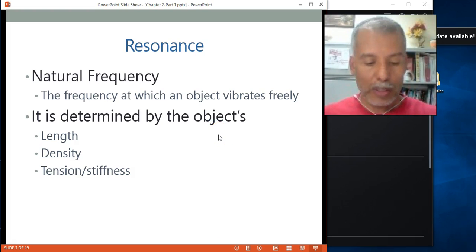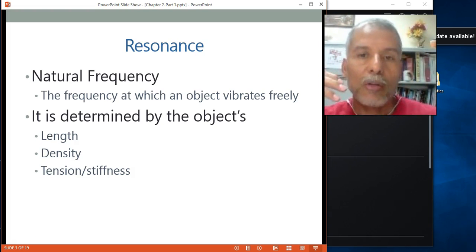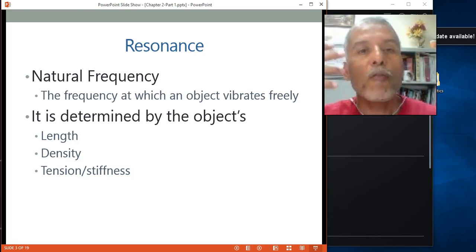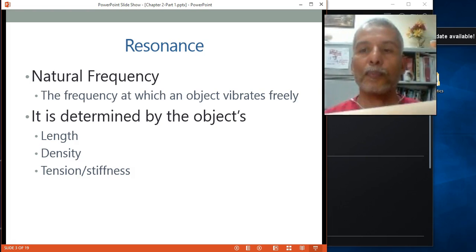So first, let's go over some concepts. Natural frequency. Everything has a natural frequency. Everything has a rate of vibration that is determined by the nature of the object. Let's take this tube, for example.